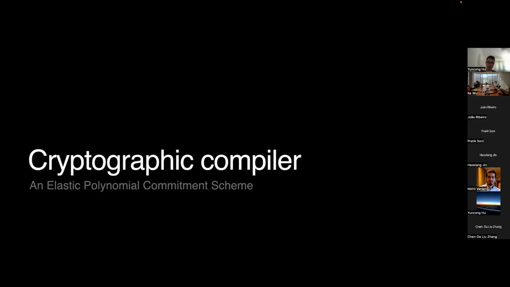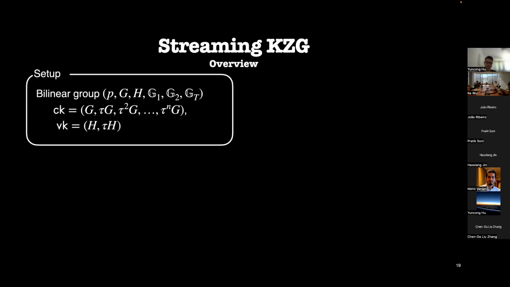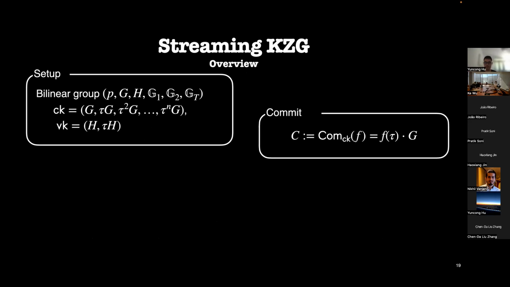Finally, I want to briefly talk about how to stream KZG, although it's very easy because KZG is really streaming friendly. Just a simple reminder: the KZG committer key is just powers of tau, several group elements. If you want to commit a polynomial, you do the multiscalar multiplication between the coefficients of this polynomial and the committer key.